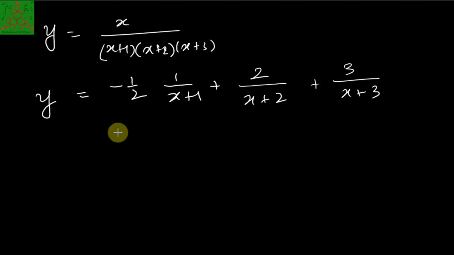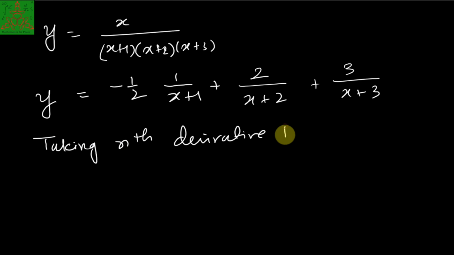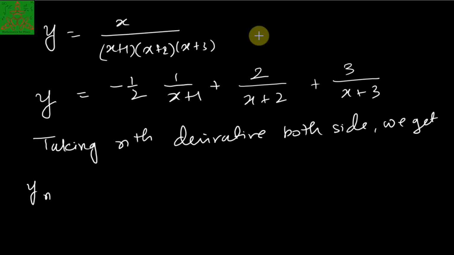If you want the nth derivative of this, you have to take the nth derivative on both sides, and we get yn. Before that we have to recall the formula for the nth derivative of the function 1 upon ax plus b, which we derived in one of my previous videos.